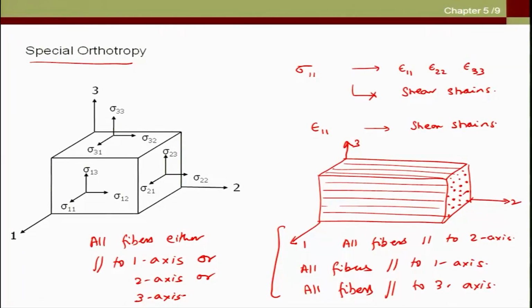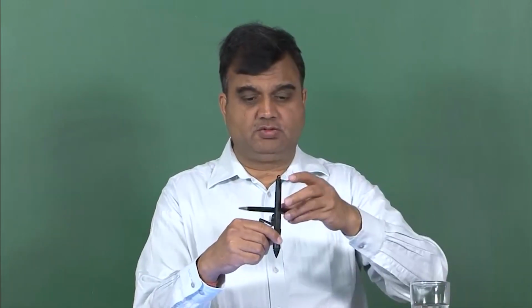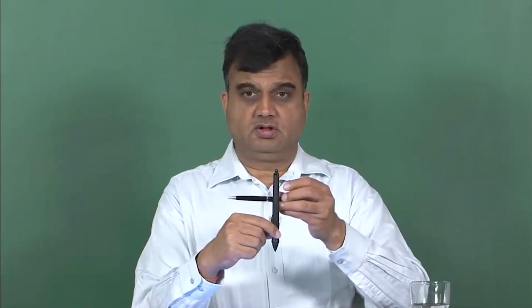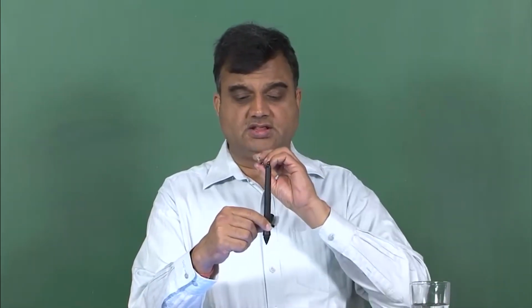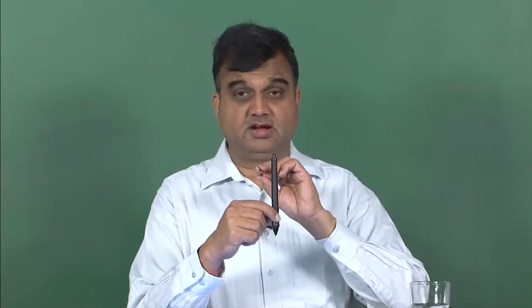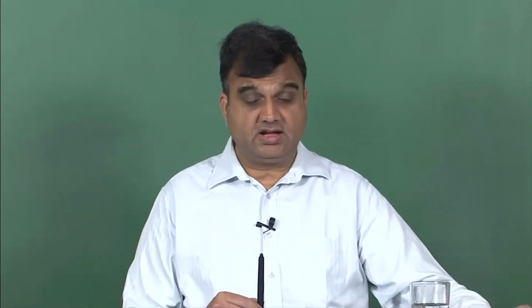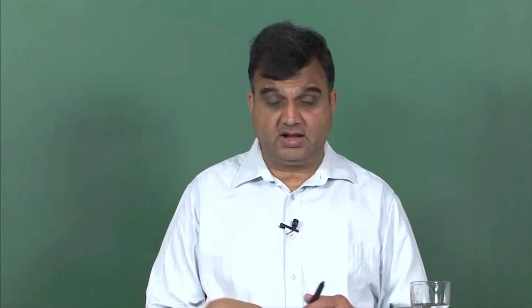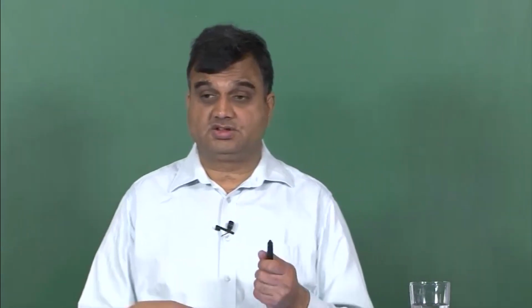So, you have some fibers going vertically up, another bunch of fibers could be going like this parallel to the 2 axis, and the third set of fibers could be going perpendicular, that is parallel to the 1 axis, but they are not at any angle, they are only running either parallel to the 1 axis or 2 axis or 3 axis, they are not at any other angles.